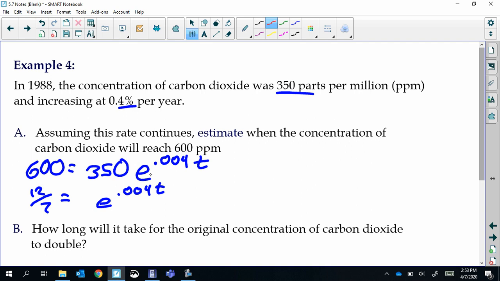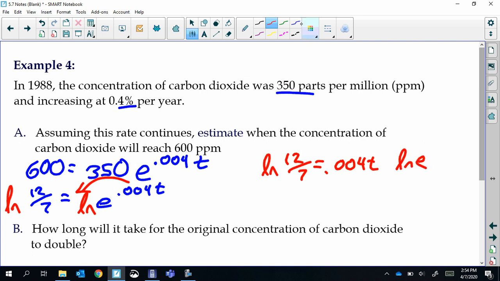And then again, trying to get rid of the exponent, so natural log both sides to bring it down. Exponents to the front. Times natural log e, which every time natural log of e is 1, it cancels out, doesn't matter, get rid of it.